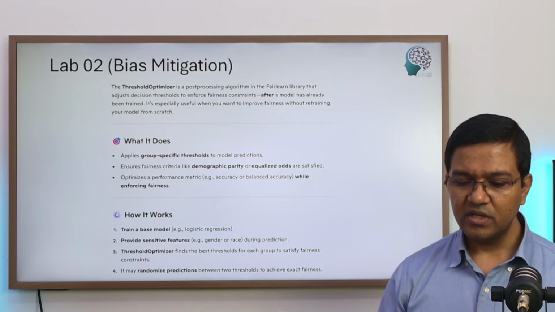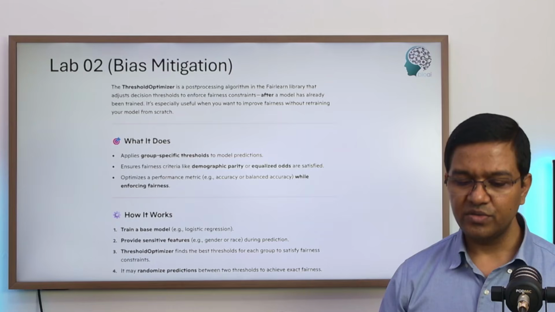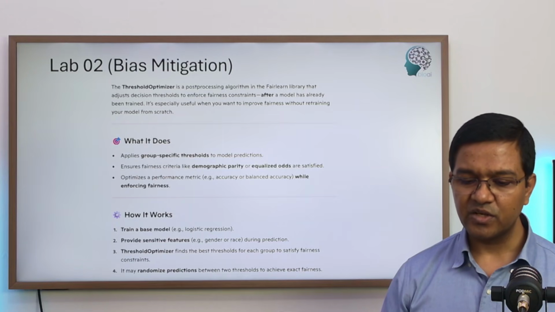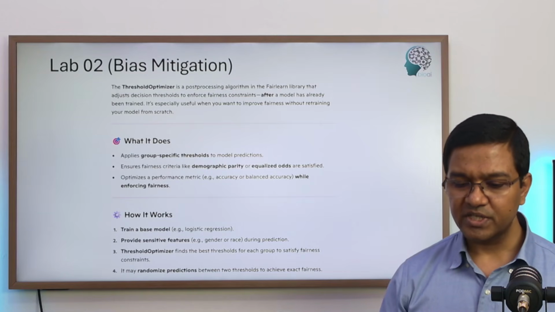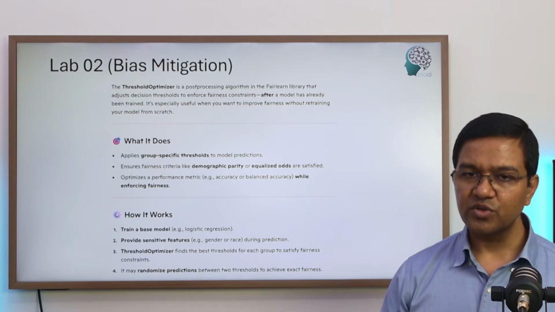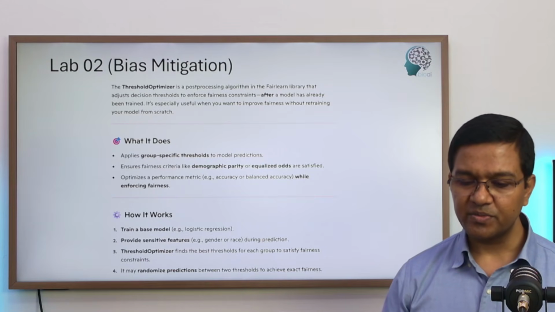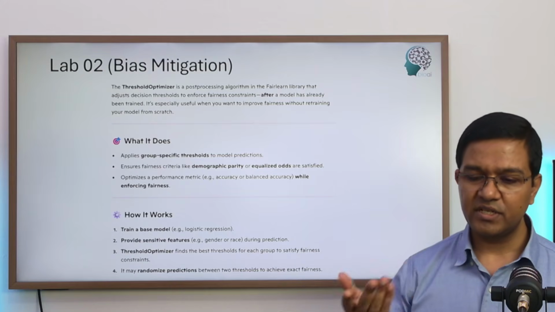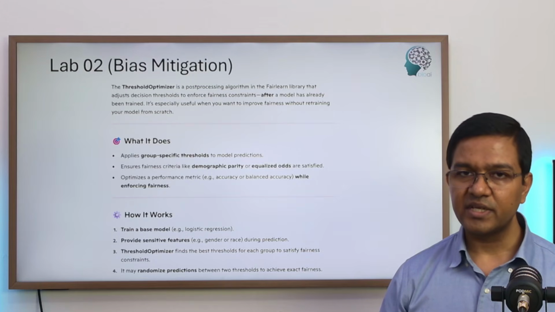In this lab, we will take a logistic regression model, train it, and then identify the sensitive features. We already saw in the previous lab that gender and race are sensitive features. Then we apply the technique called threshold optimizer, because once the model is trained, we are trying to mitigate the bias and find the best threshold that satisfies the fairness concern.